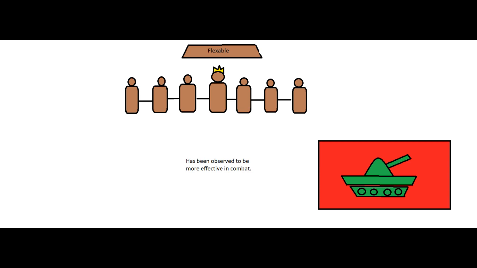So, it is not uncommon for places that have the flexible familial system for 30% of the women to belong to around 5% of the men. So the flexible system has been observed to be more effective in combat and to favor a more military junta type government. Basically, in these type of societies, might makes right.